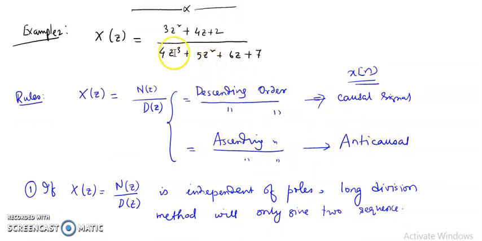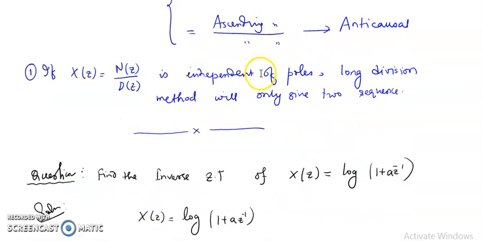You can make this ascending order by taking the highest value out, and you can get the negative powers in ascending values. So if X(z) is equal to N(z) by D(z), it is independent of poles. The long division method will give only two sequences.